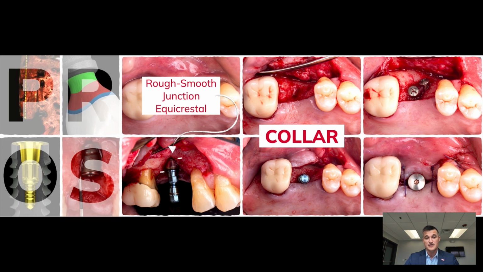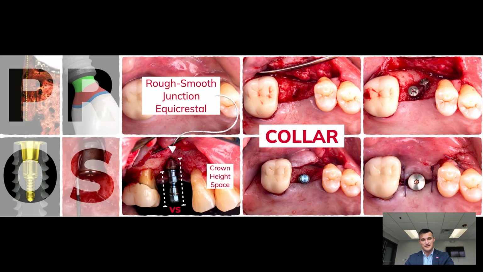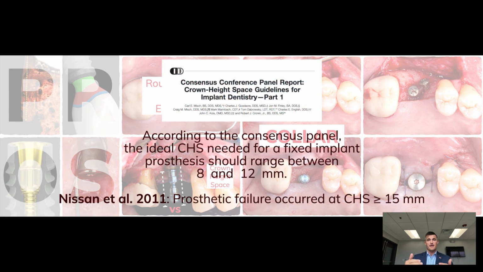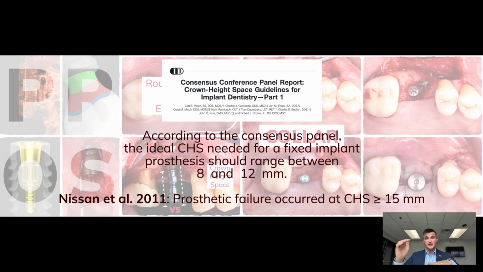And what that's going to do is it's going to reduce our crown height space from that level to that level, right? And crown height space is the measurement from the platform of the implant to the occlusal surface. So on a bone level implant, when we place the implant at bone level, the crown height space is from the bone level basically to the occlusal surface.